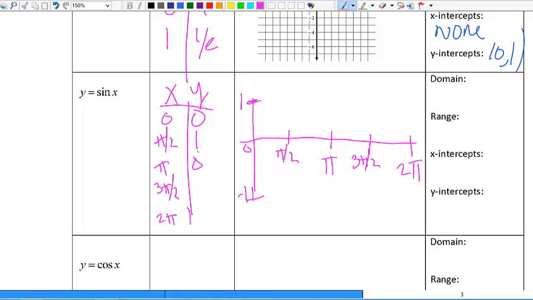And then at pi it's back at 0. 3 pi over 2 is negative 1. And 2 pi is back at 0. So plotting that graph, I go from 0 to the top, to the middle, to the bottom, to the middle. And then hopefully you end up drawing a smooth continuous curve that goes through most of those points.